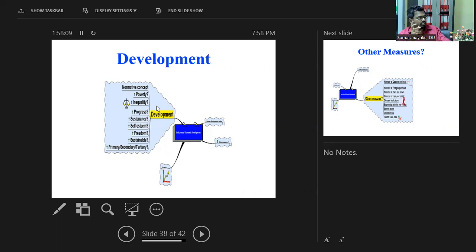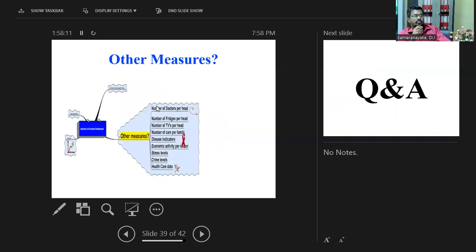And we also have other measures, a lot of them. Just go through this list, and you can add a lot to it as well: number of doctors per person, number of fridges per person, number of TVs per person, number of cars per family, disease indicators, economic activity per sector, stress levels, crime levels, healthcare data.